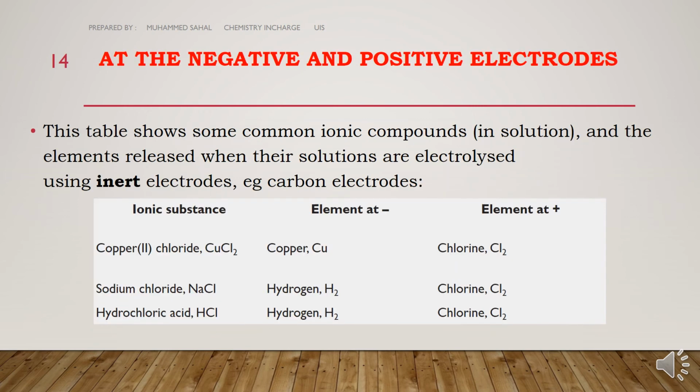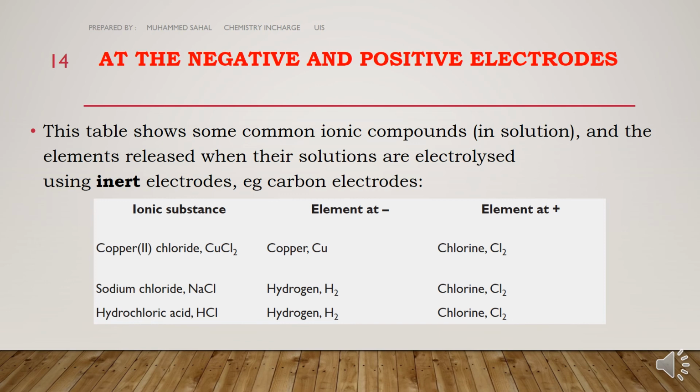So now one example, copper chloride. If you are taking copper chloride solution, there are 2 positively charged ions, copper and hydrogen. If you check the reactivity series, the copper will move to the negative electrode. In the case of the positive electrode, chlorine will be liberated.